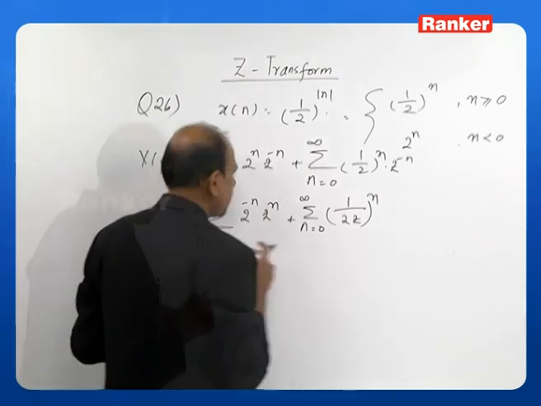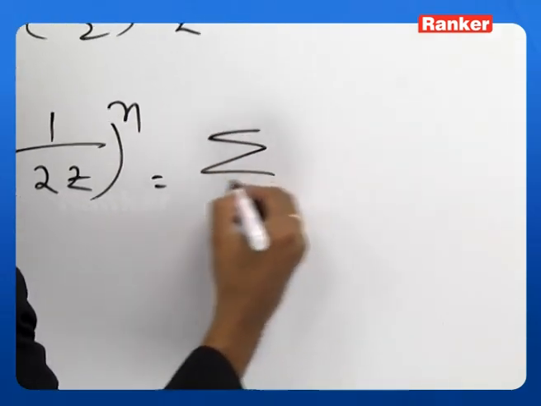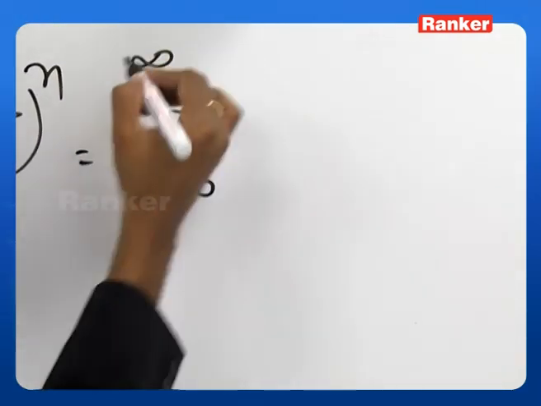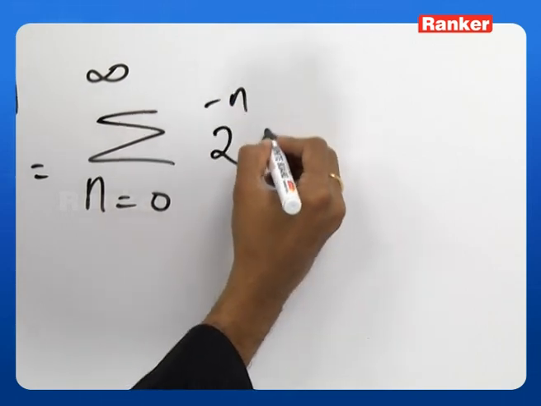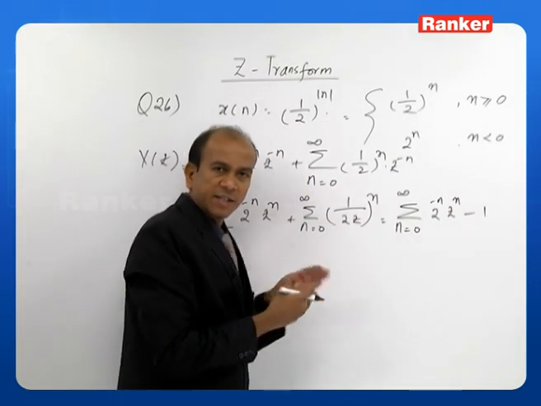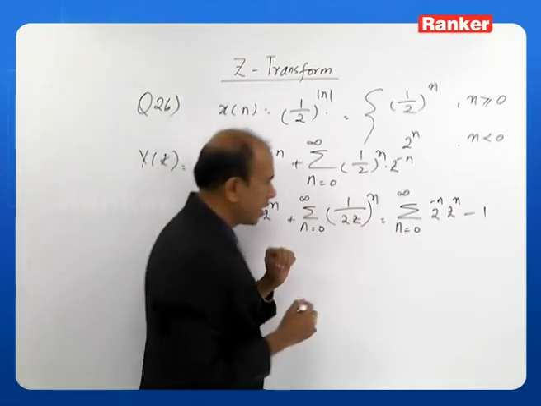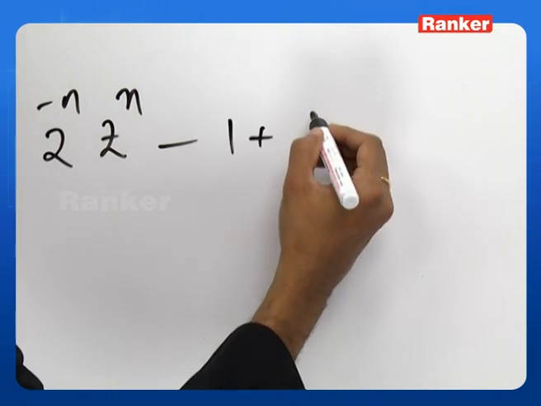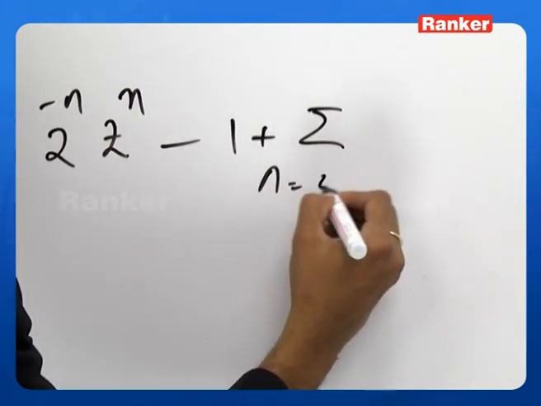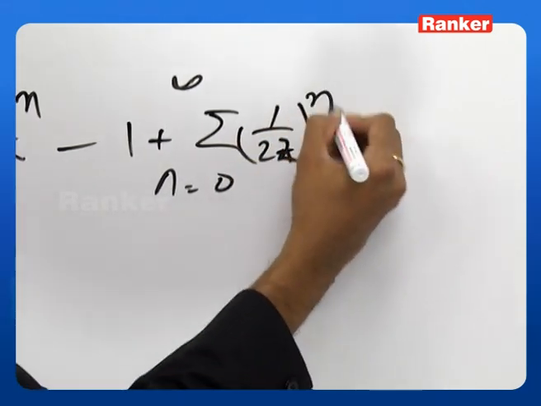So I can write this as the sum from n equal to 0 to infinity of 2 to the power of minus n, z to the power of n, minus 1, because we have scaled it. It's actually from 1, but we have made it 0, so you have to subtract that, plus the sum from n equal to 0 to infinity of (1 by 2z) to the power of n.